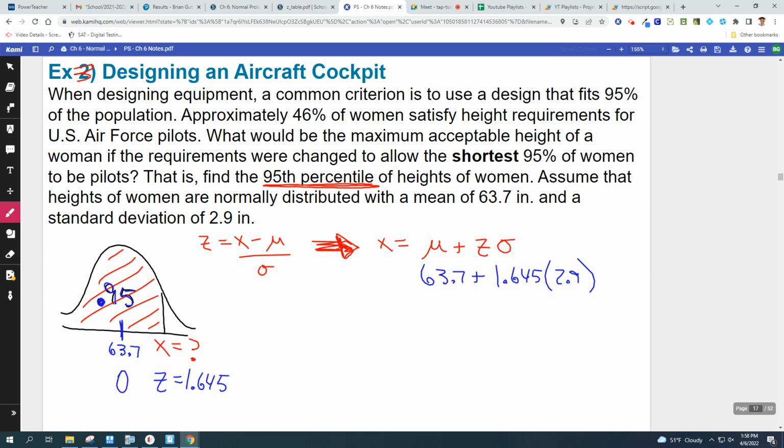So we punch that up: 63.7 plus 1.645 times 2.9, and we're going to get 68.4705. So our answer, we want to find the maximum acceptable height. We're looking for this x number right here. It's 68.5 inches.